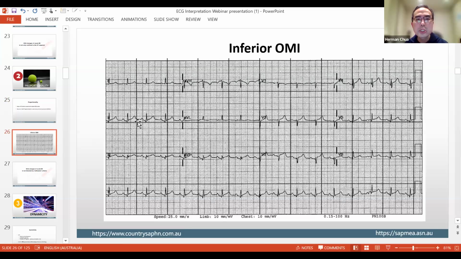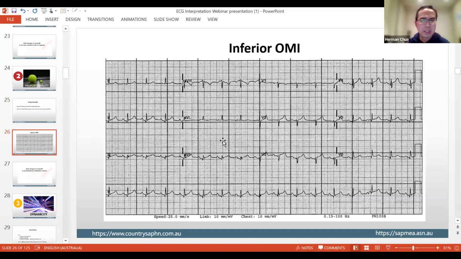So this is an example of an inferior OMI, but you can see the straightening of the ST segment in lead 3. You can see not a lot of elevation, maybe 0.5 millimeter of elevation in these inferior leads, but this is diagnostic of an inferior OMI, an inferior STEMI if you like.